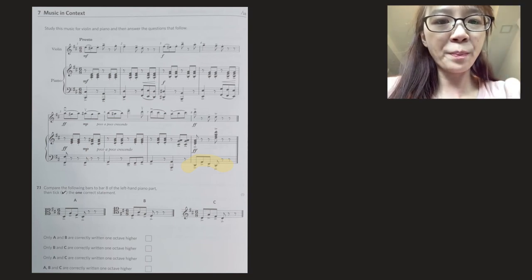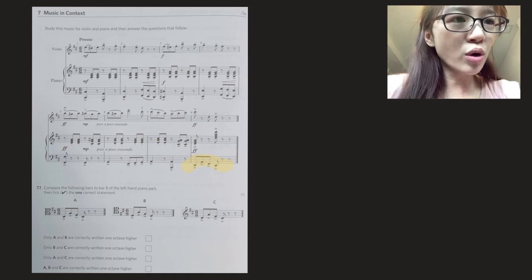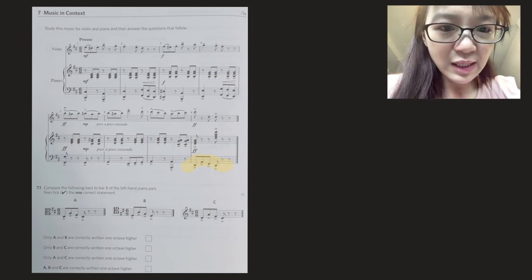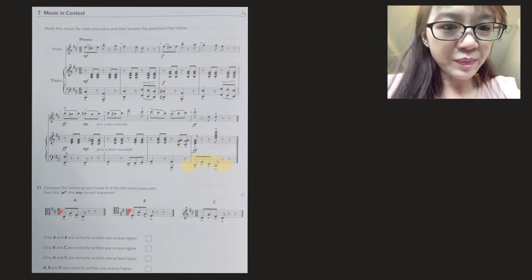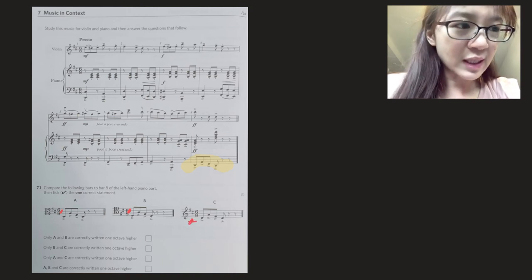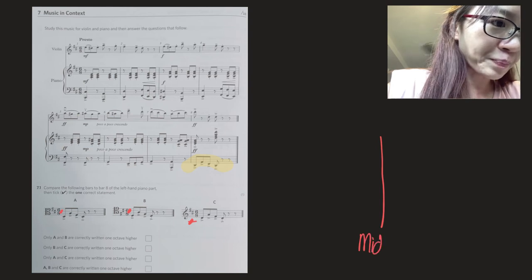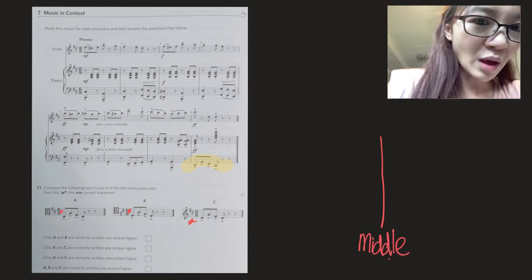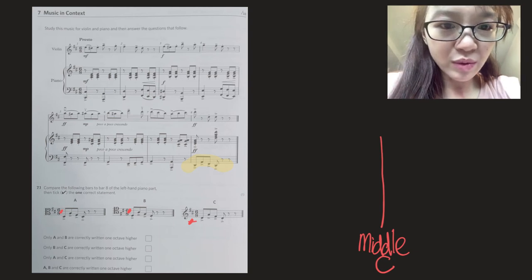So when we are comparing this one, we need to know that in the alto clef the middle C is here. Tenor clef, the middle C is here. Treble clef, the middle C is here. So we know that this is middle C, and we are moving down.